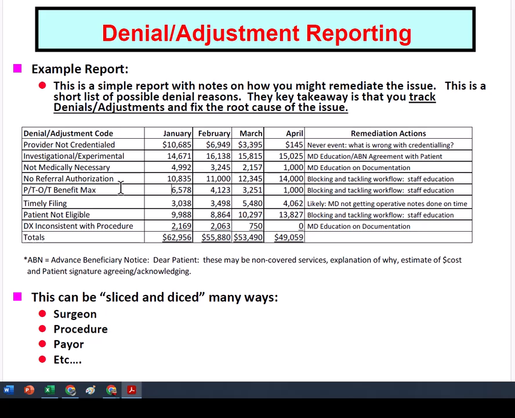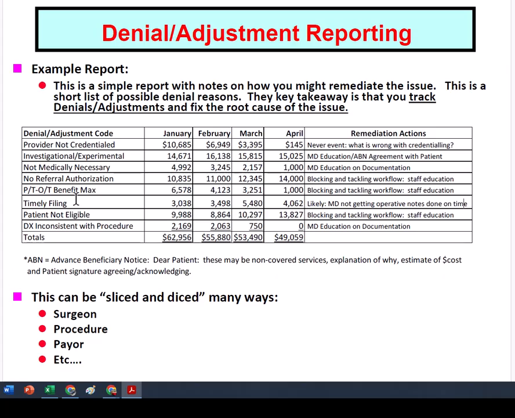Physical therapy benefit has maxed out. Are we tracking the benefits? Are the front desk letting the patient know you've reached your insurance company max? To continue on, you have to appeal with your insurance company and or agree to pay, self-pay.